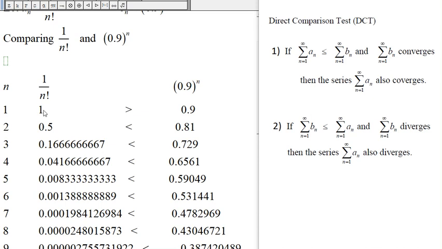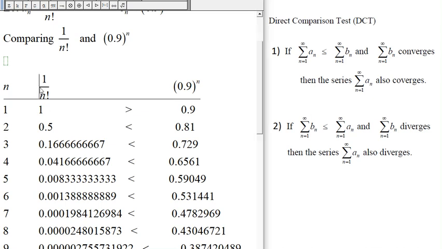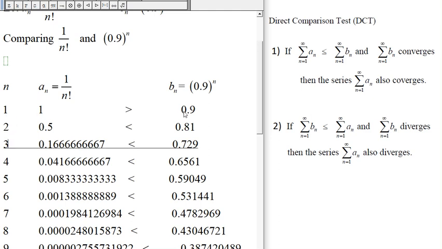Now let's compare 1 over n factorial with 0.9 to the n. When n is 1, A sub n is 1 and B sub n is 0.9, so A sub n is greater than B sub n.